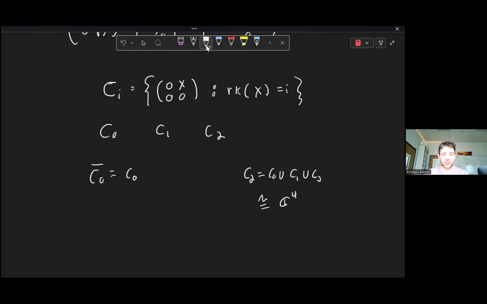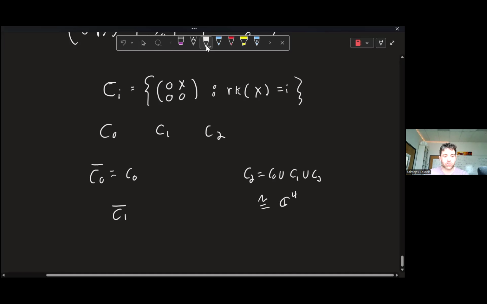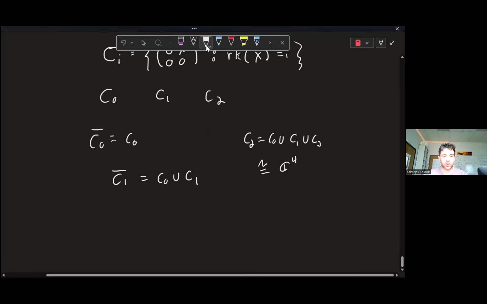Affine 4-space, if you will. But now it turns out that the closure of C1, this is just the union of the 2 orbits below. This has a singularity at the origin. So at C0, at the zero matrix.